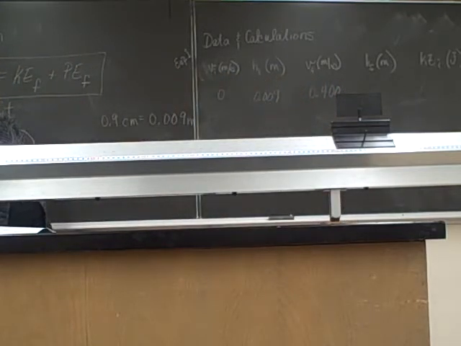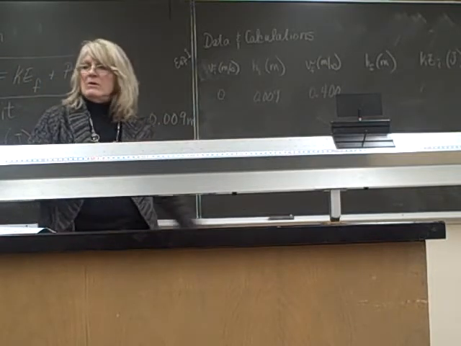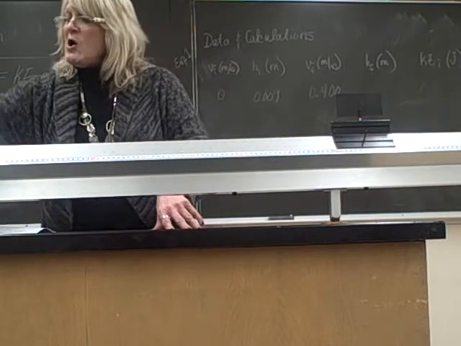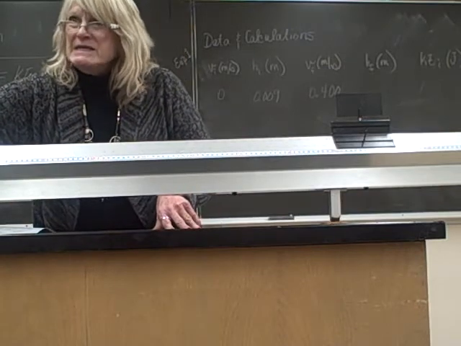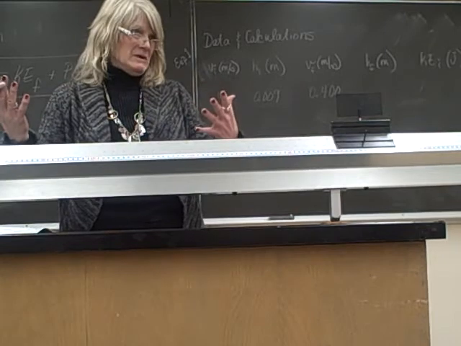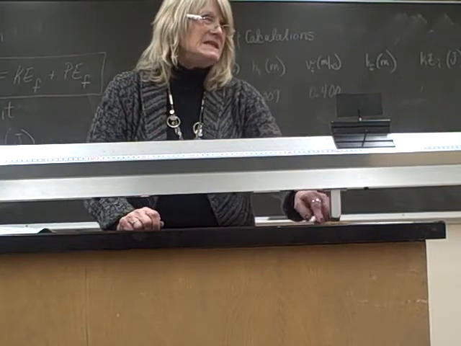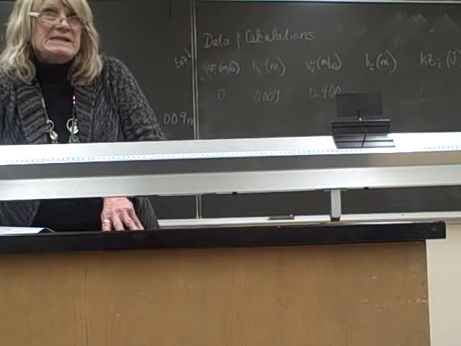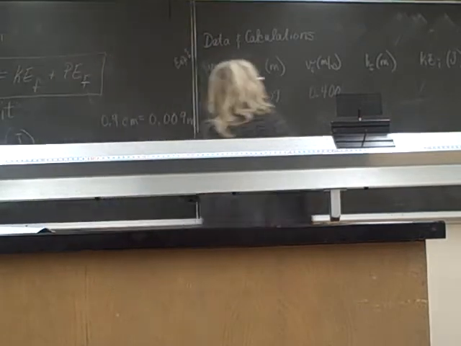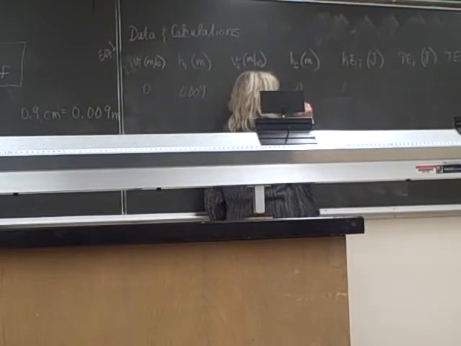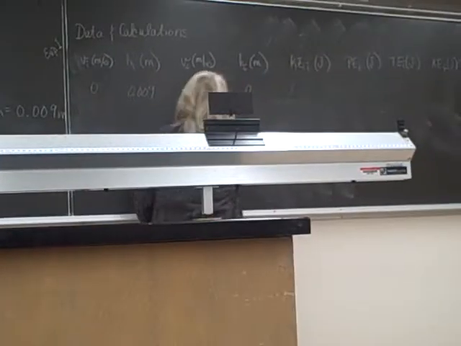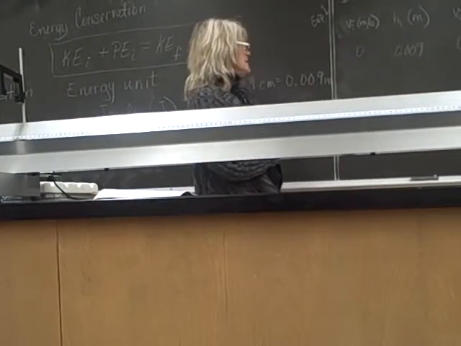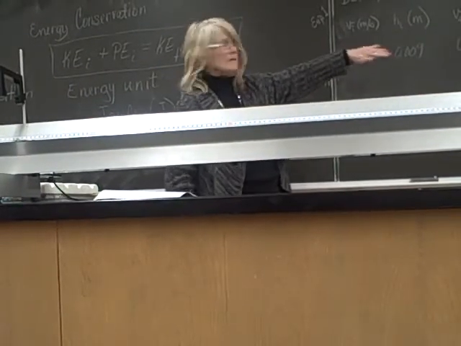It'll report it to that. Okay? All right. Now, I'm calling this bottom height, I'm calling that 0. So this end is 0.009 meters above this end. So height final is 0. And that's all you're measuring there, okay? That's it for the first trial.